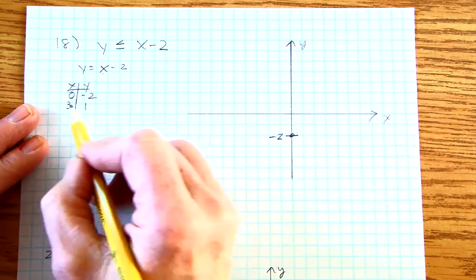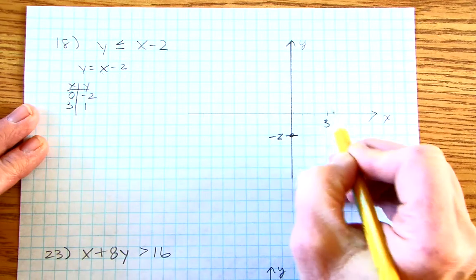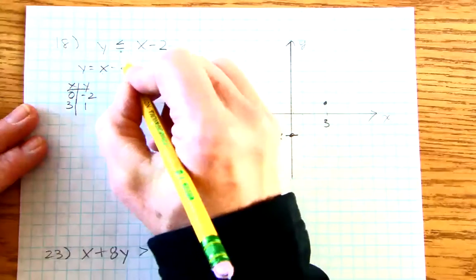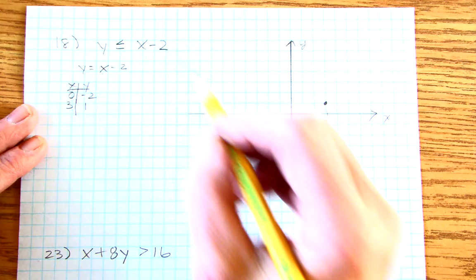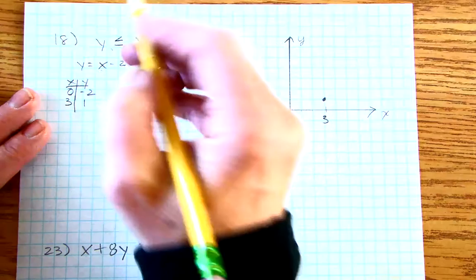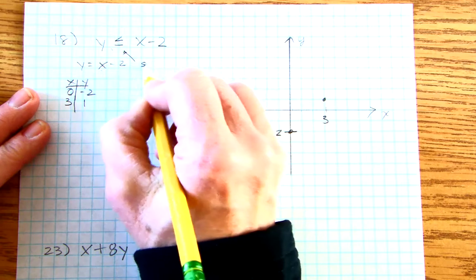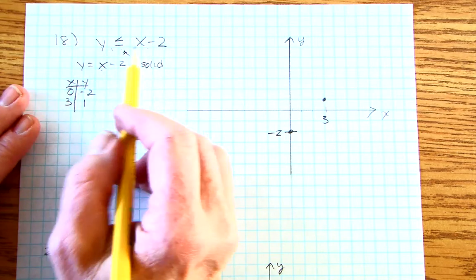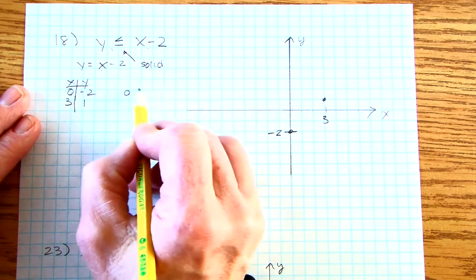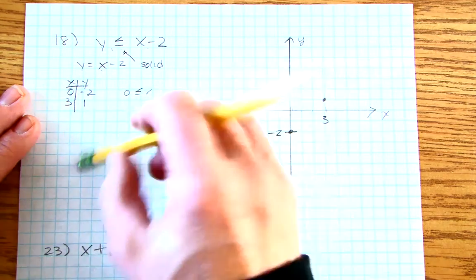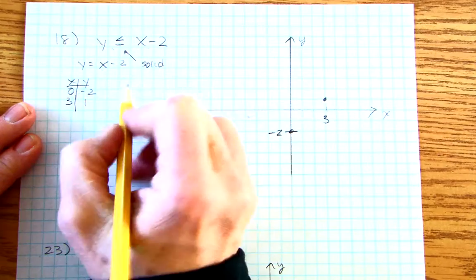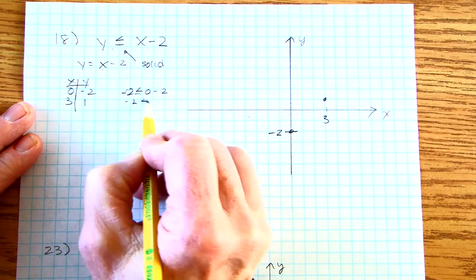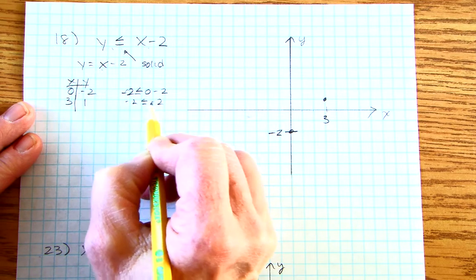If x is 3, 3 minus 2 is 1, and if x is 0, y is negative 2. Indicate on both the x and the y axes.